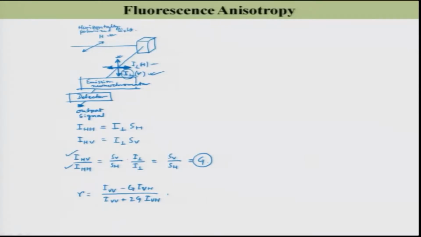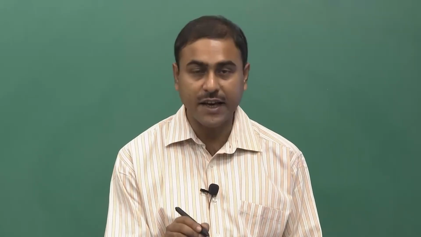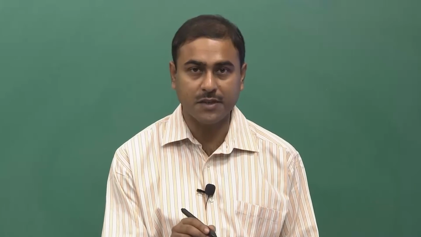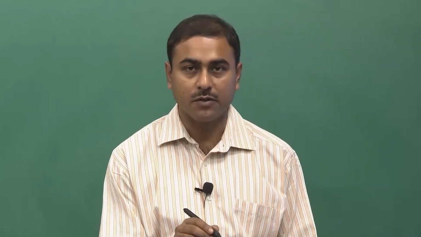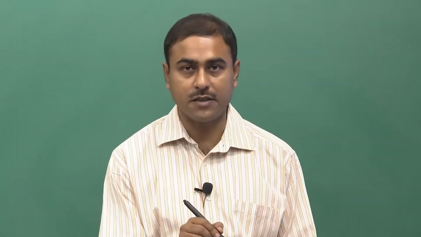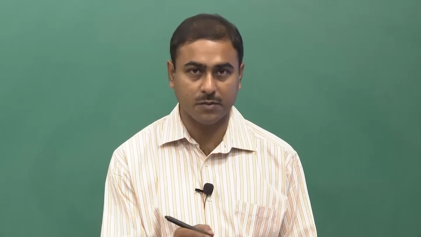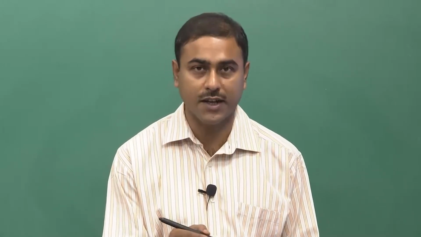Welcome to lecture number 28. We are discussing fluorescence anisotropy, and as you can see in our previous discussion, what you are going to measure is the intensity in the detector. The IVH part should be multiplied by the G factor, which is nothing but the sensitivity of the detector for differently polarized light.